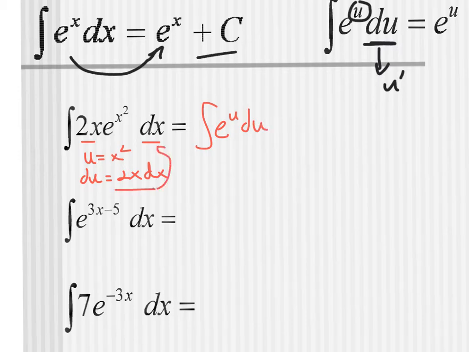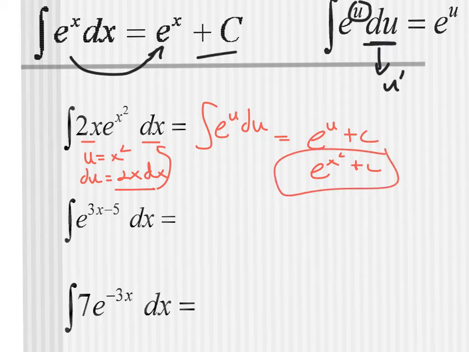It's the remaining piece. The integral of e to the u is literally e to the u plus c. Now I just have to sub back in. So it's e to the x squared plus c. And that's my answer. If you are really good, you're feeling super confident, you can skip right from this step to that if you would like to. Okay, just be careful. Don't go too quick because that's where you start to mess things up.